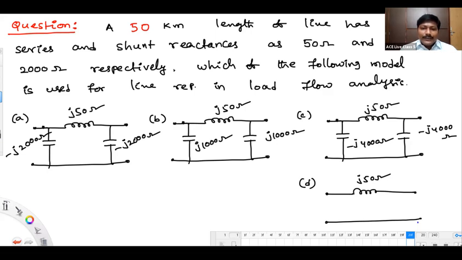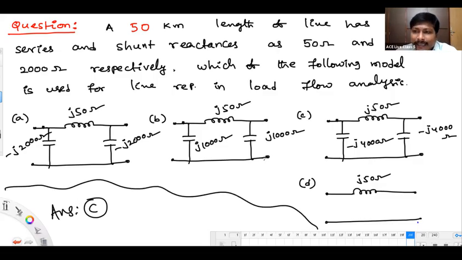Again, you have to go with C. Why are you changing your answer to D? Again in this case also, your answer will be C only. Why? Only one rule: if the shunt element is given, we should not neglect it.